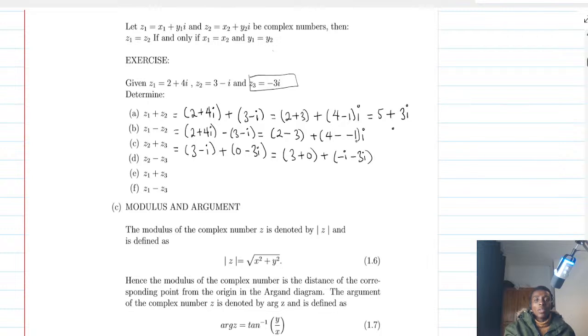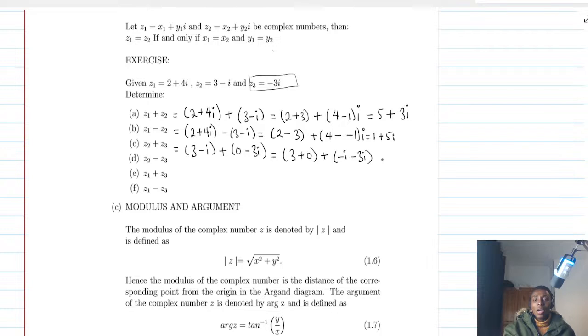Let me put it that way. So in fact, this one was supposed to be 5. So it was supposed to be 1 plus 5i. So this is the correct answer, please. All right. Okay, so that is it.